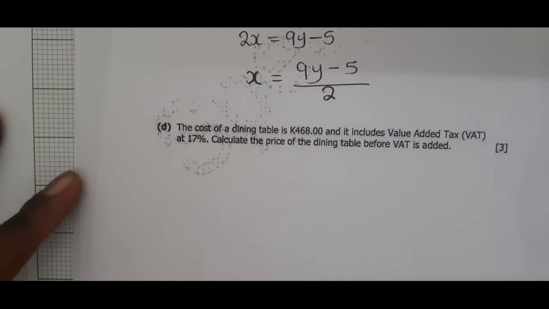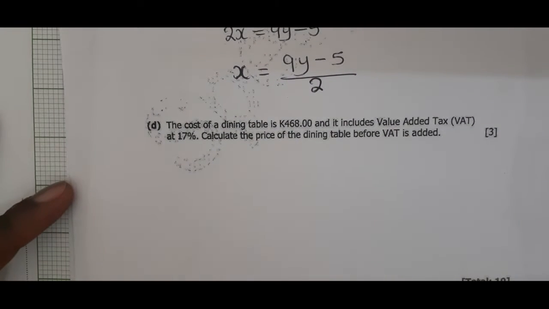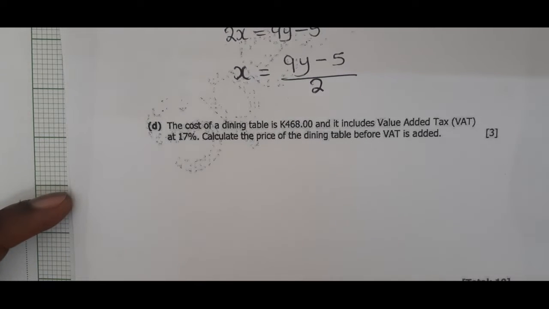Okay, so here we have another question. The cost of a dining table is 468 kwacha, and it includes VAT, which is value added tax, at 17%. Calculate the price of the dining table before VAT is added.